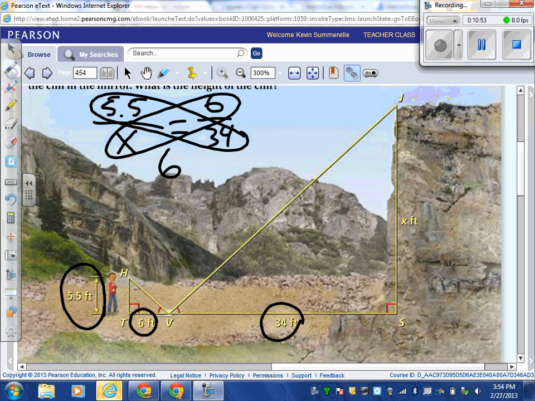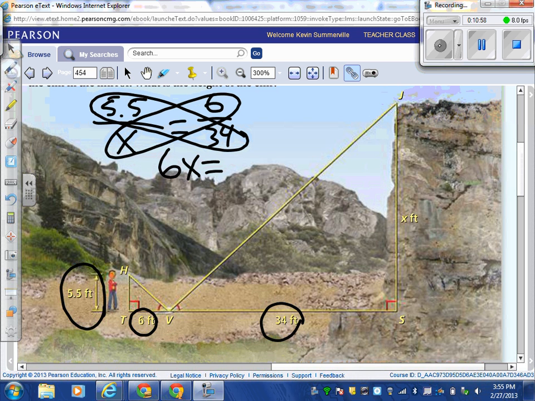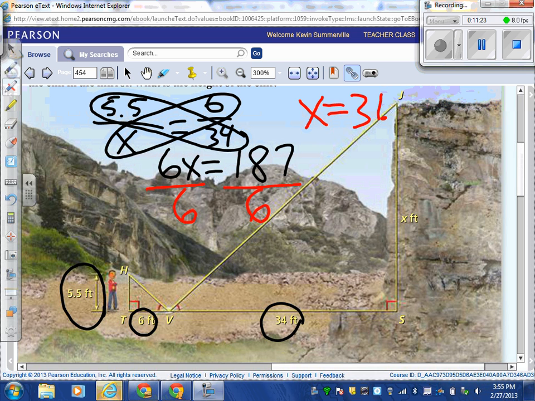So I would have 6x equals 187. If I want to get x by itself, I have to divide both sides by 6 to give me x equals 31.2, which we would just say the height of that is 31.